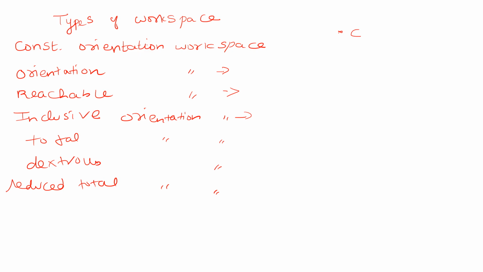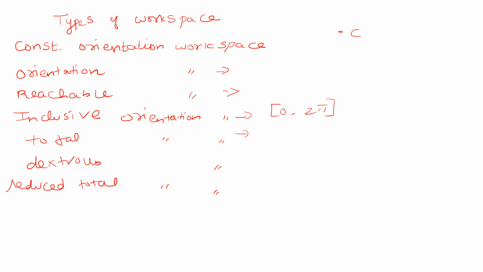So the maximal workspace is a particular case of the inclusive orientation workspace for which the ranges of the orientation angles are 0 to 2 pi, right? Then the total orientation workspace: all the locations of C can be reached with all orientations among a set of defined ranges on the orientation angles.